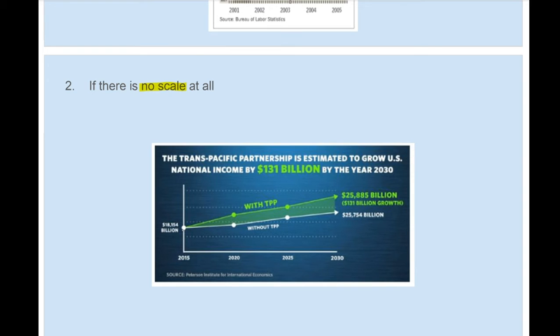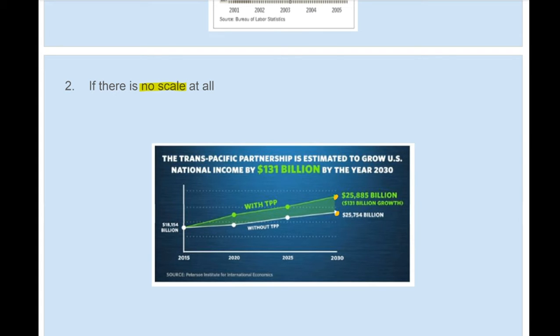We can see where we start, where we end up, and where we would end up without this Trans-Pacific Partnership. But because there are no scales on the side here, I don't really know if this is an accurate level for both of those values.